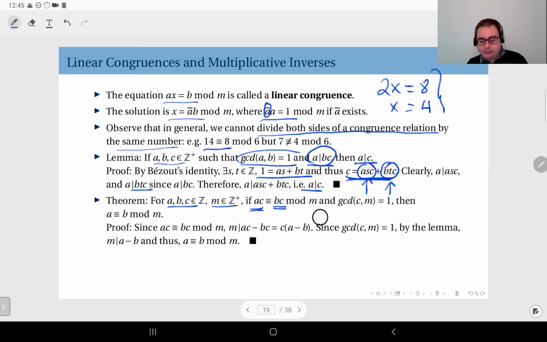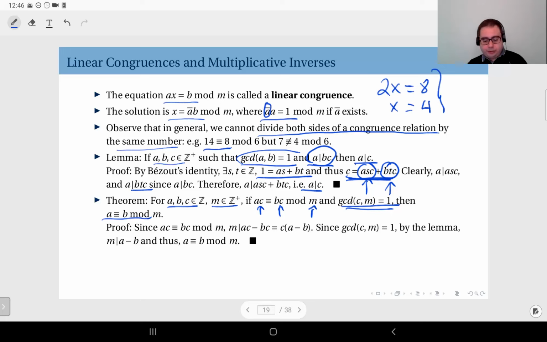That was our case. But if c and m, the common factor in both sides and the modulo, are co-prime, if their GCD is 1, then it's possible to factor the c out.